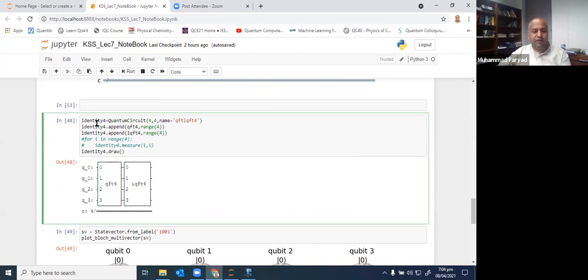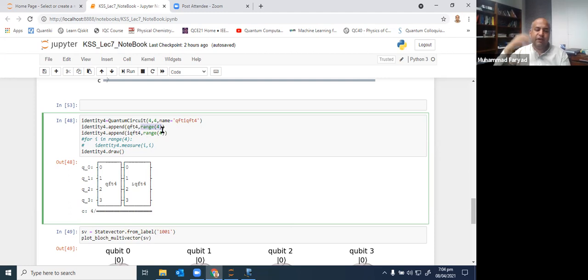So here, for example, I'm preparing this new circuit and calling it identity 4. This is a circuit with 4 qubits and I have named it QFTI 4, and I'm specifying that for this quantum circuit, first you append it with the QFT4 circuit, and then you append it with the IQFT4 circuit, and over here you can specify the qubits where you want to append it.